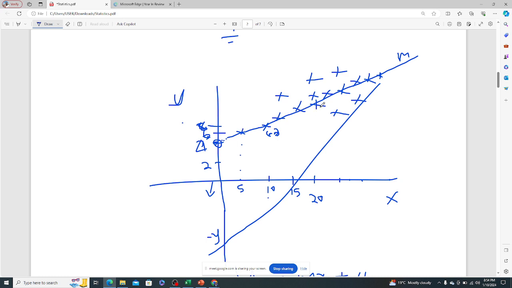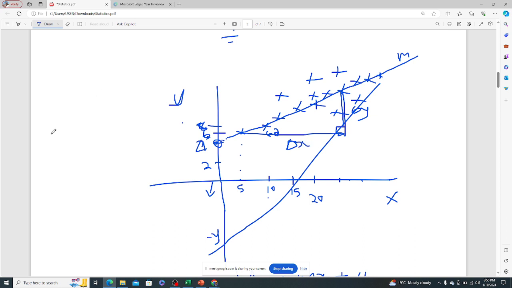Let's assume you want to measure this point and this point. You can just draw a right angle, that is a triangle, between these two values. Of course, this will be change in y, and this will be change in x.